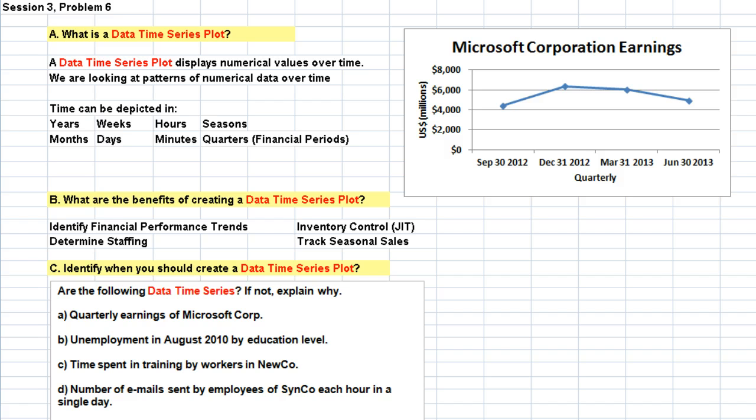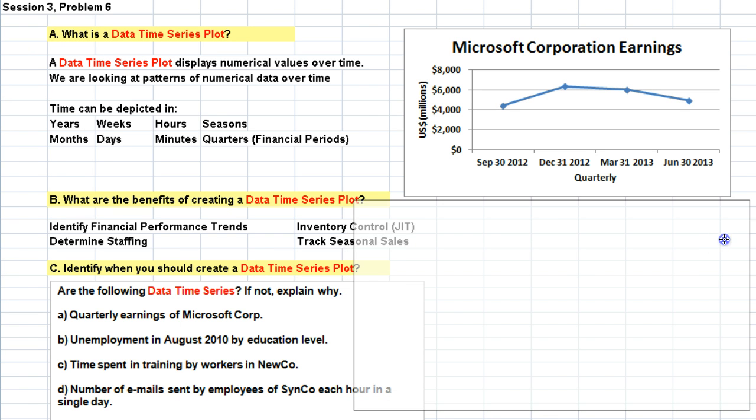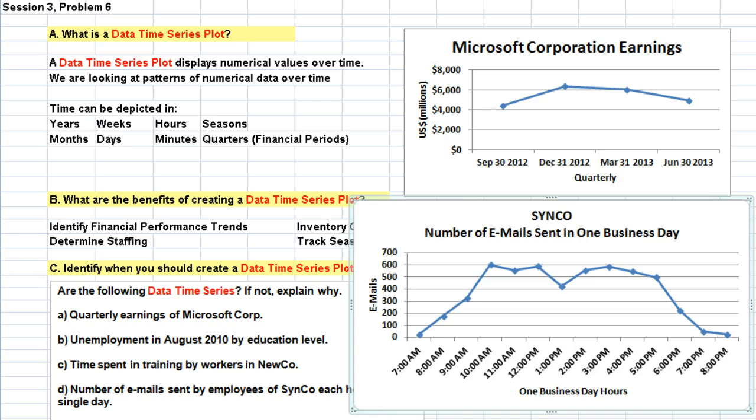The number of emails sent by employees of Cinco each hour in a single day. Well, that is definitely a data time series plot. We have one business day. We're tracking the number of emails sent by employees in Cinco over one day.